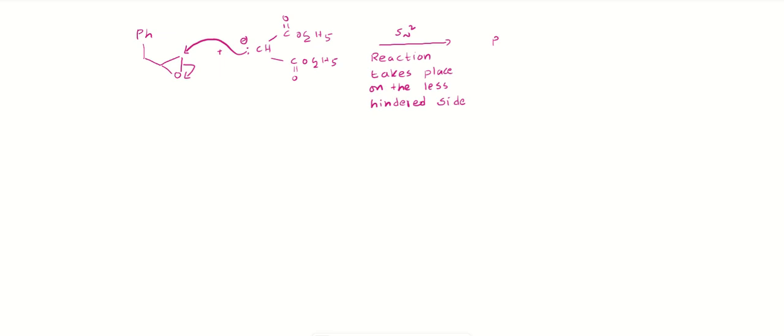So we have PhCH2CHO minus, and then we have CH, O minus CH2. This is the new carbon-carbon bond formed. This is the new CC bond.